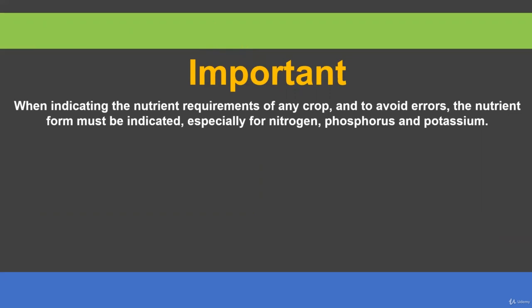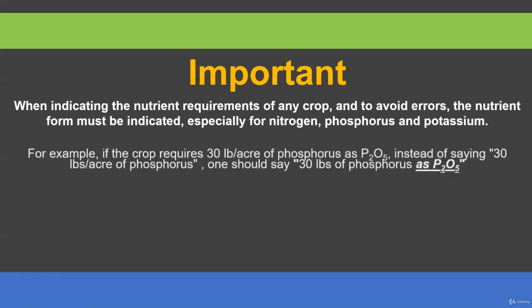And this is very important: when we indicate the nutrient requirements of a crop, in order to avoid errors, the nutrient form must be indicated as well. This is especially true for nitrogen, phosphorus, and potassium, where most errors and misunderstandings occur.